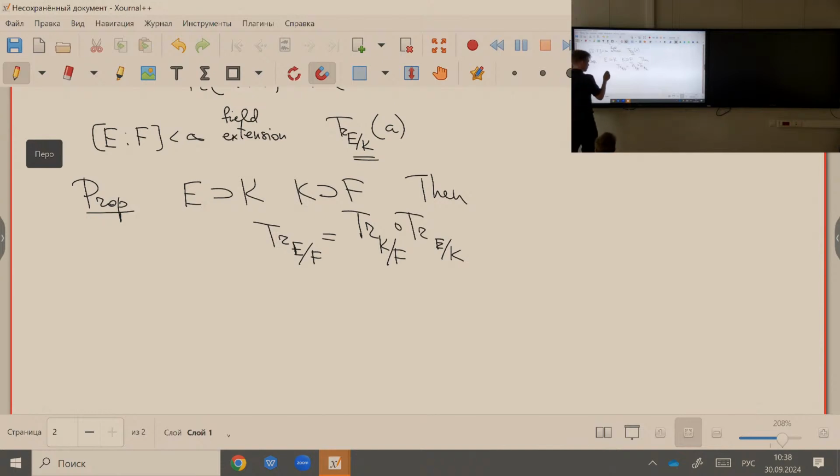And now I want to calculate several examples that are crucial for calculational purposes. Suppose you have an elementary extension, meaning generated by one element.